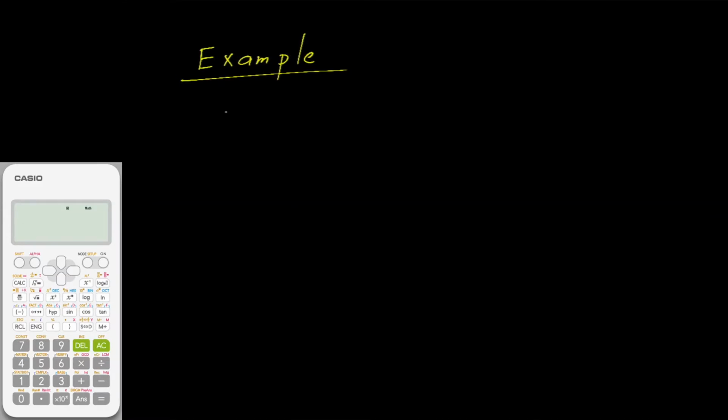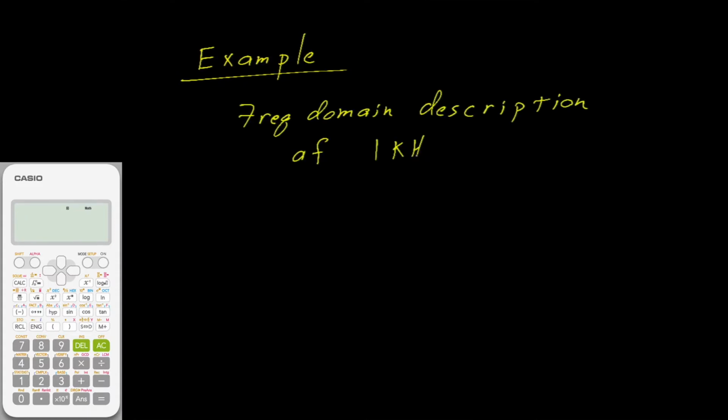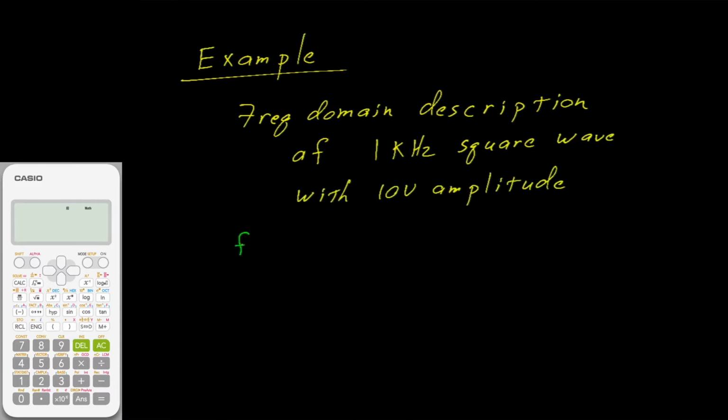Now it of course would all be in the frequency domain. Here's our base equation. So we start with n is equal to 1, going all the way to infinity, because a square wave is composed of an infinite sum of odd harmonics. 4V over n pi, all by sine of 2 pi f n t.